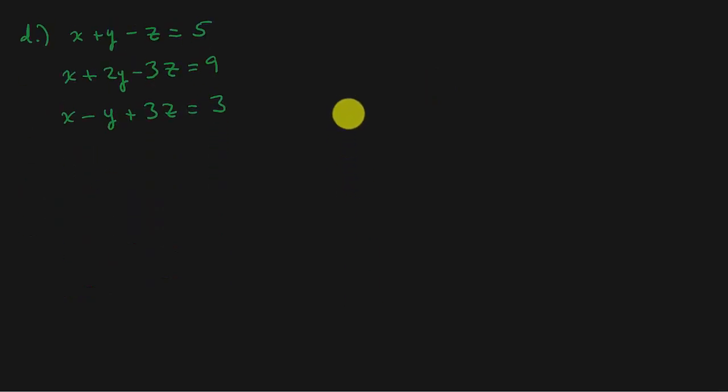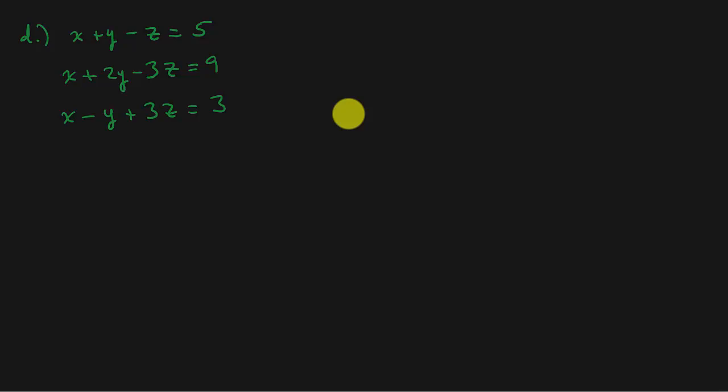All right, what about this one? So I've got x plus y minus z equals 5, x plus 2y minus 3z equals 9, x minus y plus 3z equals 3. So let's solve it. Let's take the first equation, pair it with the other two.